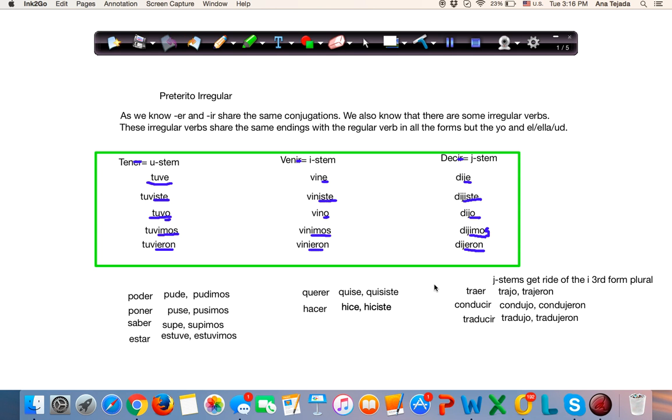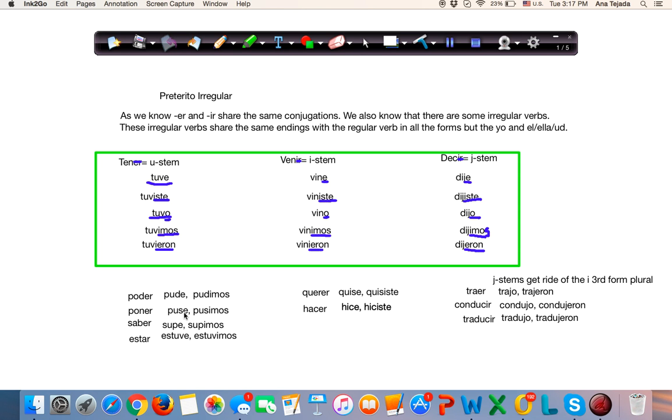Write them down, because as you can tell, it's not just the U stem, the I stem, or the J stem changing. Let's look at poder, poner, puse. It has other kinds of changes that you're not gonna remember unless you work with them again and again and again. These are a matter of repetition to use them, to memorize them.